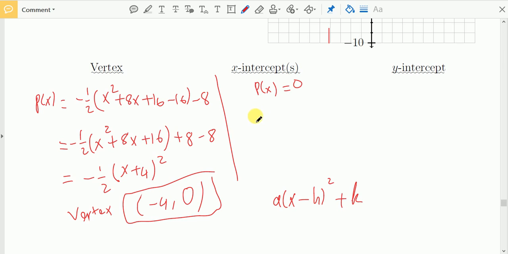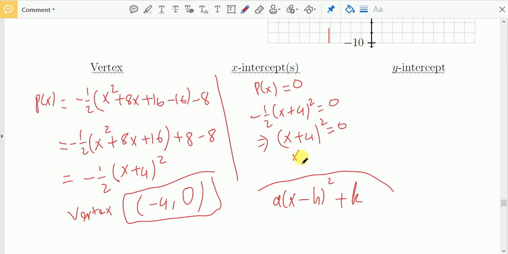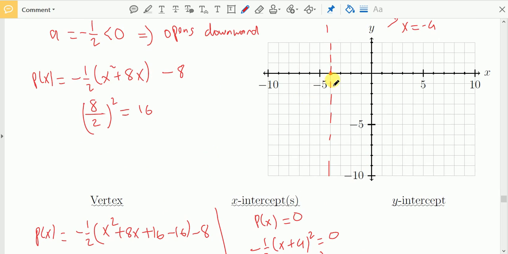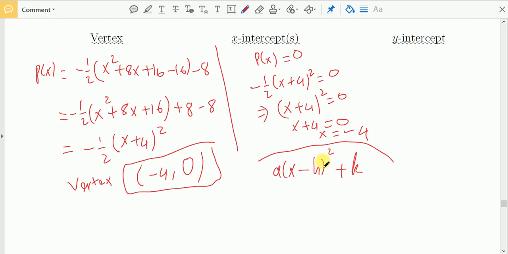So minus 1/2 times x plus 4 squared equals 0, and this means that x plus 4 equals 0, or x equals minus 4. So this one is the x-intercept only, right? Nothing else. So the x-intercept is minus 4. You can write this as the ordered pair minus 4 and 0.